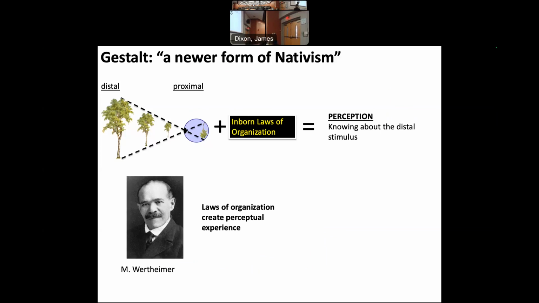This fellow, Max Wertheimer, was one of the founders of this field. These laws of organization are supposed to be responsible for creating your perceptual experience, and they set about to try to name them. Kind of like zoology, except now we're trying to figure out what the elements, what the laws are in the perceptual system.